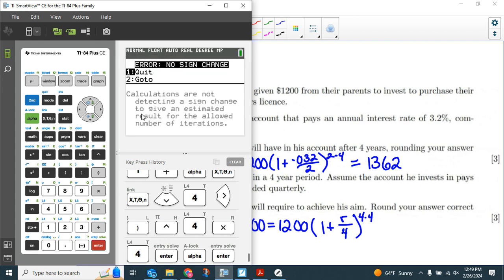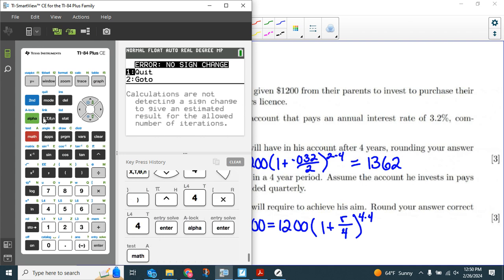Okay, don't like that. That's annoying. Sometimes it does this if the estimation technique that it uses requires it to change signs to go from positive to negative. Sometimes it'll just work because the guess that it uses is automatically on the other side.